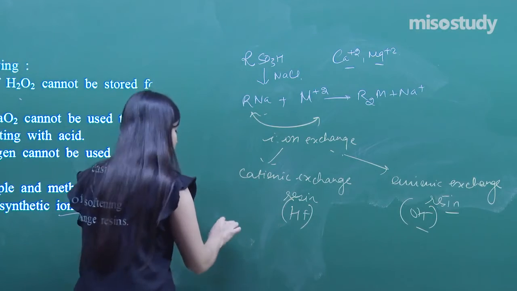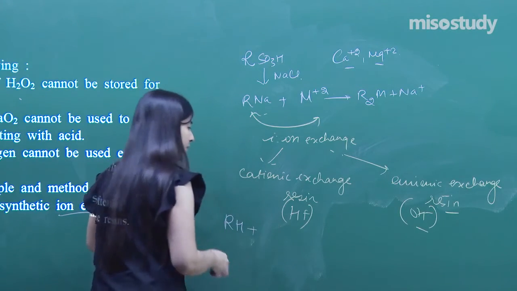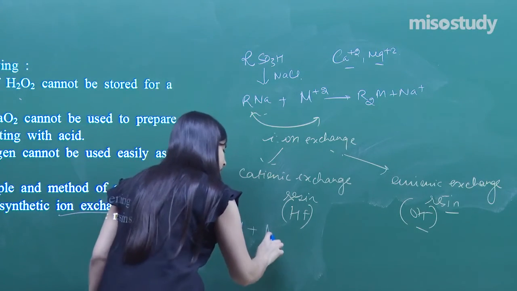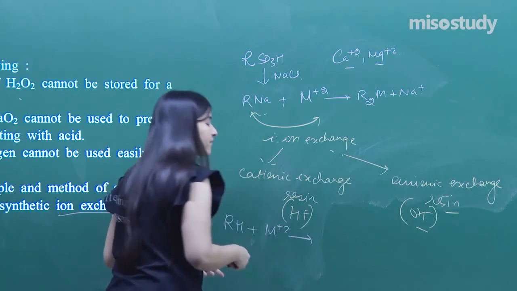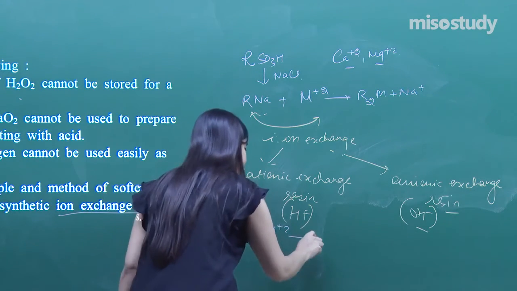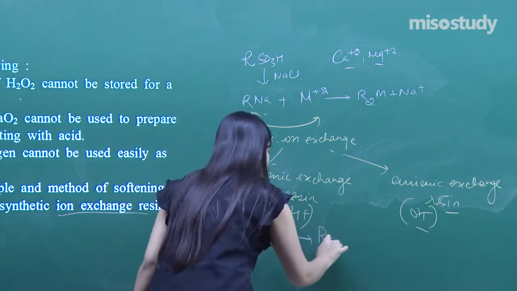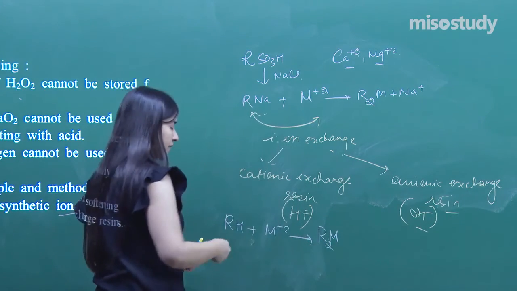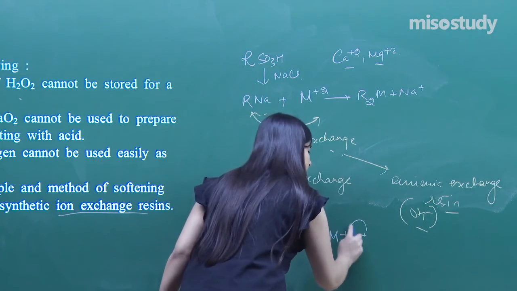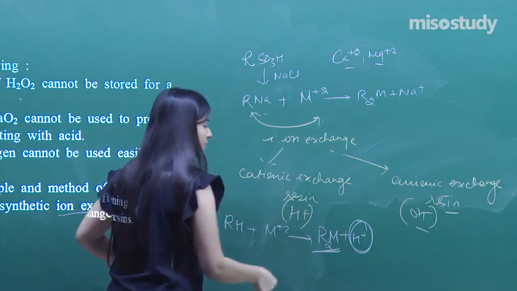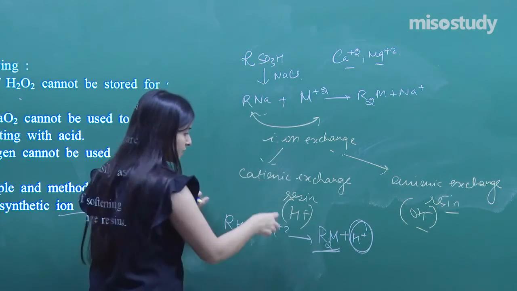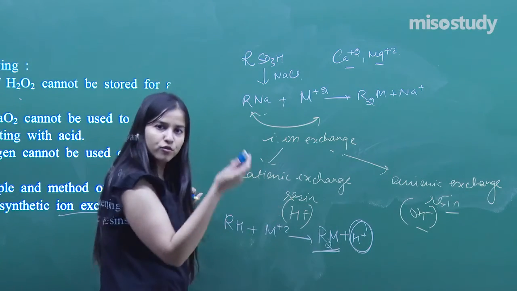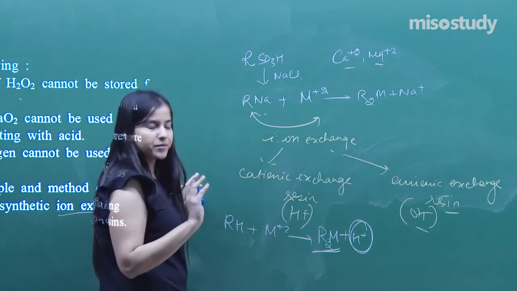How is it going to work? See, RH plus M2+ will be giving R2M along with H+. Now the water has become ion free of M ions, which can be removed as a precipitate.